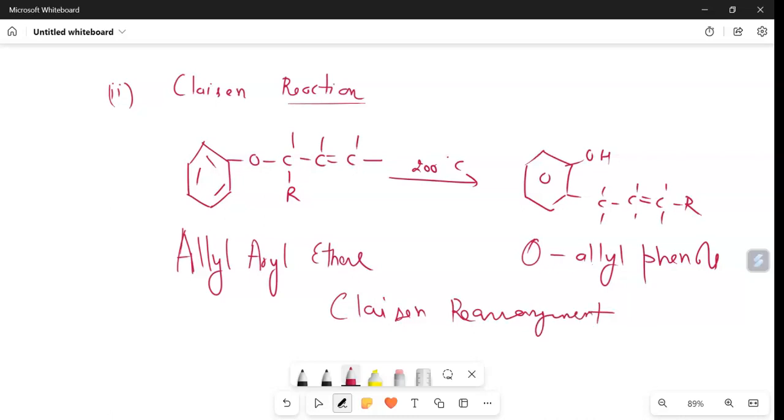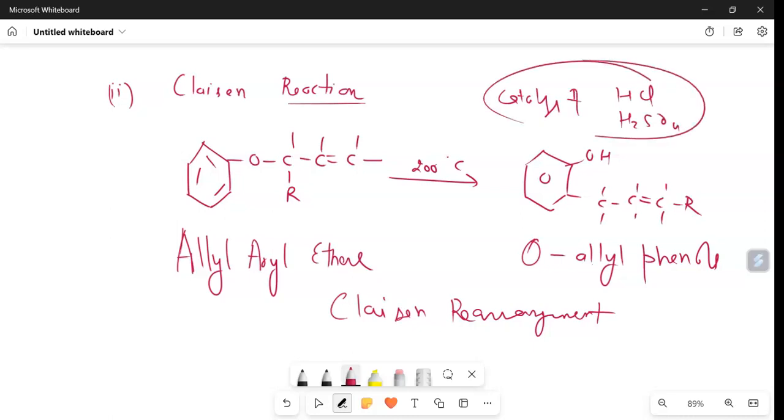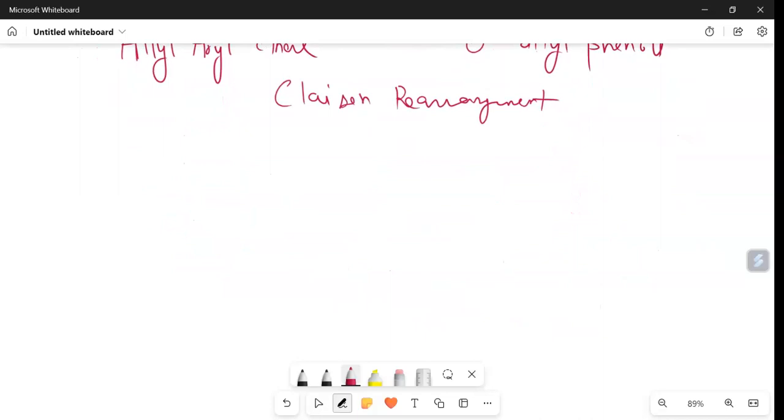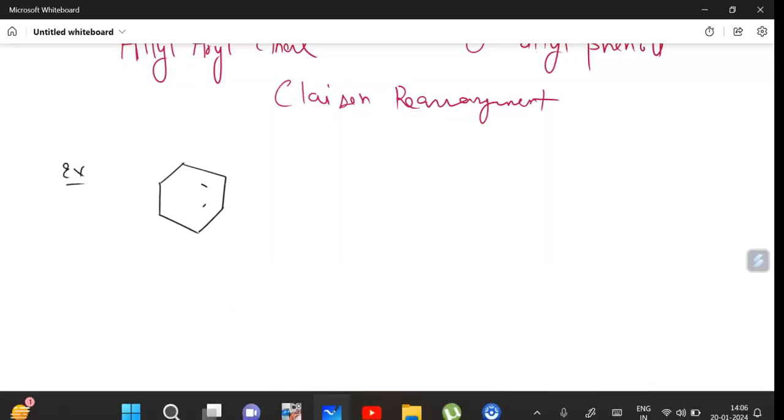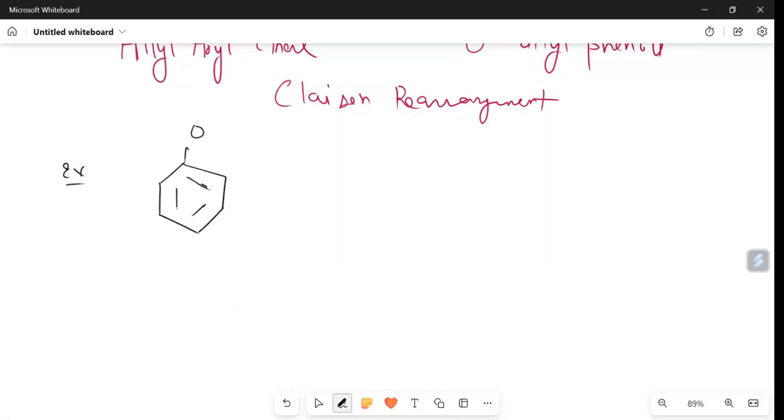Sometimes this reaction needs a catalyst, like H2SO4. This type of catalyst is needed sometimes in this reaction. For example, OCH2CH=CH2, an aryl ether, is heated at 200 degrees Celsius.